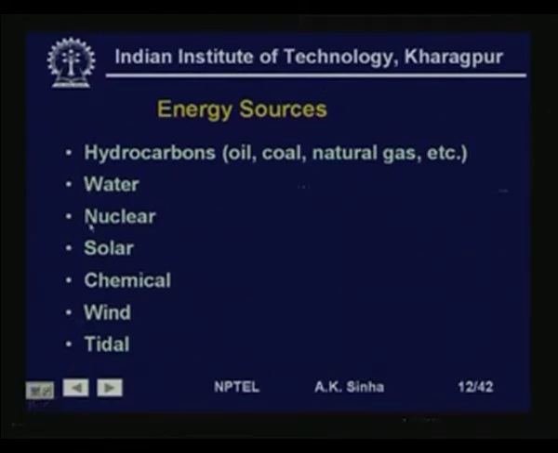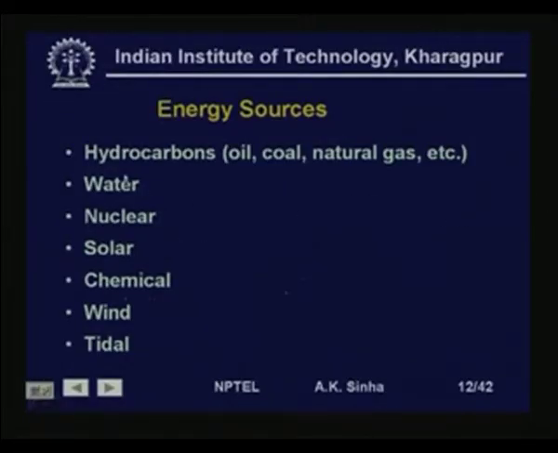Similarly, nuclear energy: the fission of uranium is used in most of the places for producing nuclear energy, and once this nuclear energy is available, it is available in the form of heat. After the reactor, from where this energy is taken away by means of a heat exchanger, the rest of the process is very similar to that of the thermal power plants.